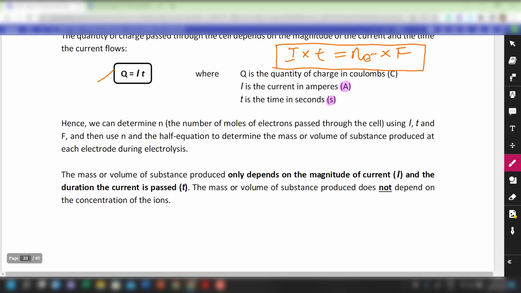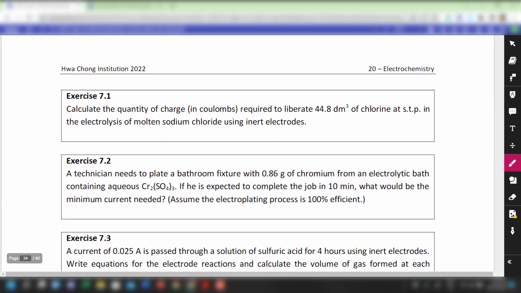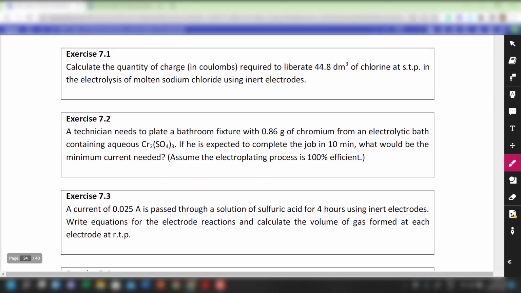I think this is very important, because quite often MCQ questions will catch you unaware, so just be careful about this. We'll look at some exercises, in particular 7.1, 7.2, 7.3, and based on the exercises, I think you will learn how to apply the equations we have just talked about above.